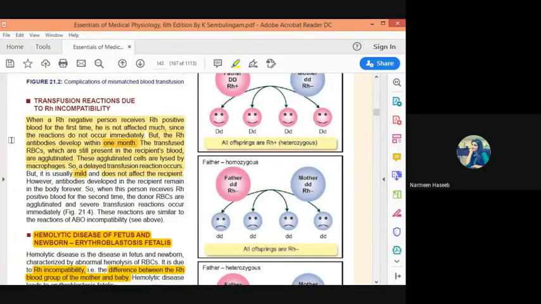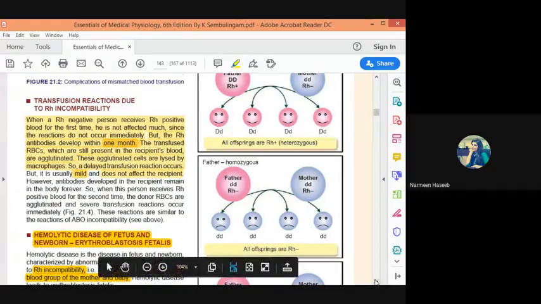The antibodies are not formed immediately; instead, they're formed after a month. After a month, the reaction is very mild, but the antibodies stay in the individual's body and wait for the next time. And if that next time happens, the transfusion reactions occur immediately and the symptoms are severe.